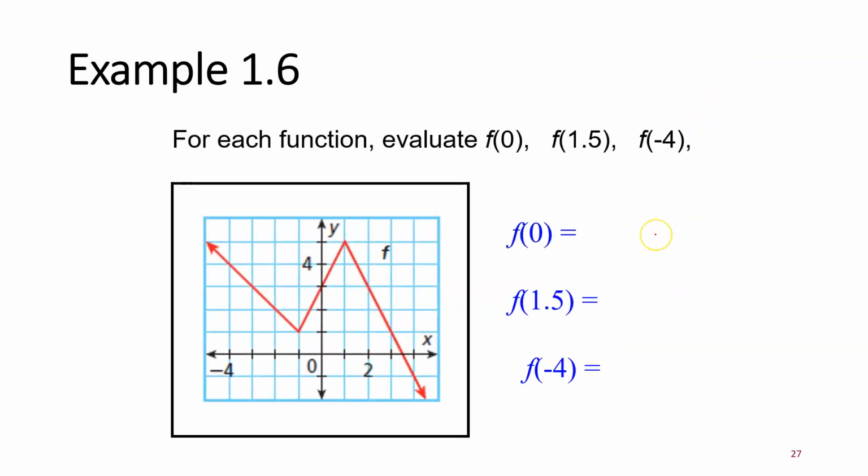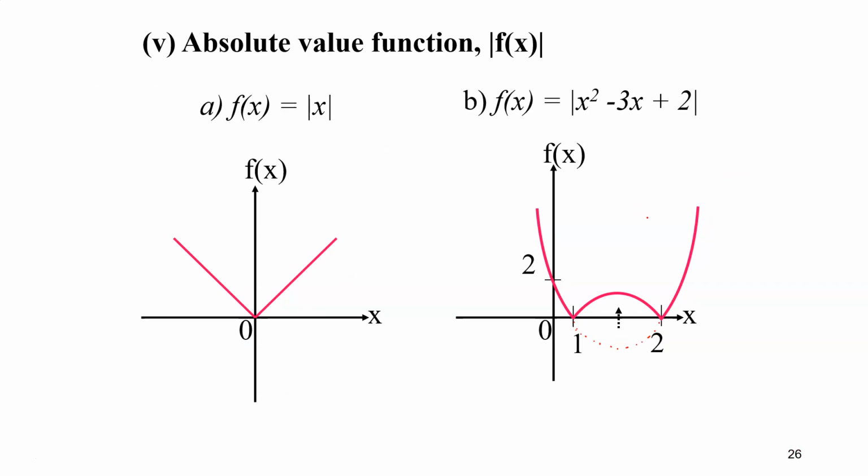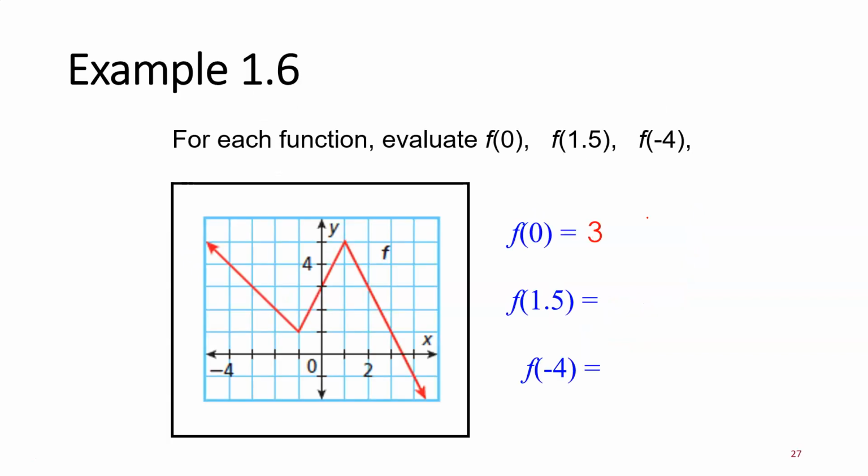Okay. Then let's see example 6. Previously you have 5 types of graph or 5 types of functions. So now let's see example 6. For each function, evaluate f(0), f(1.5), f(-4). So evaluate means you need to find the value or the range, the output.